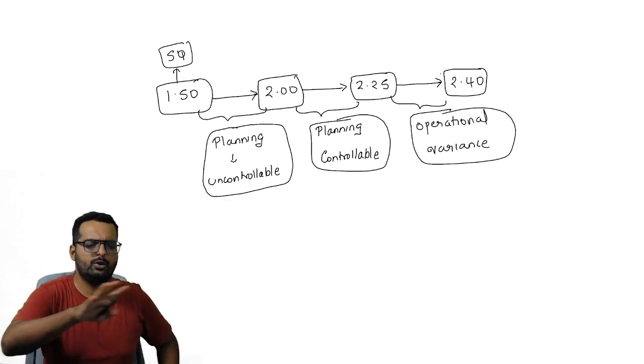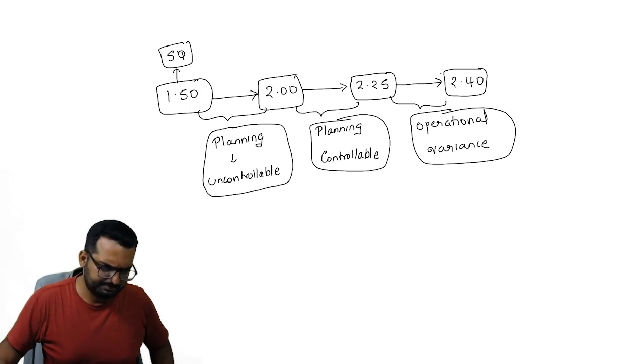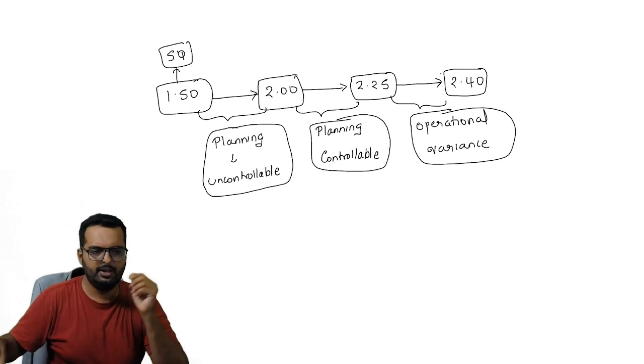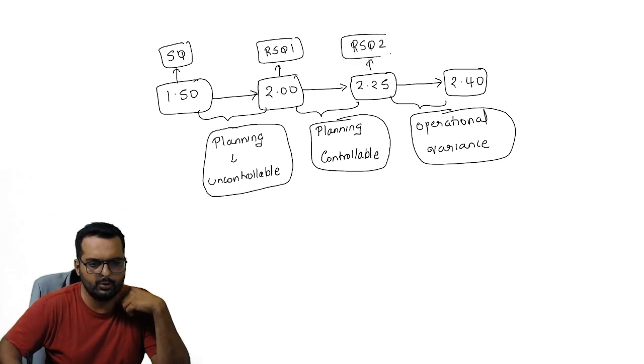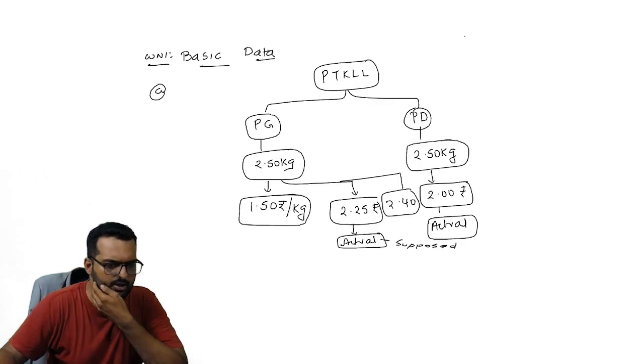Can you write down or draw this chart in your books now? What we'll do is we'll call this RSQ1, we'll call this RSQ2, and call the last one AQ. Okay, can you write this down?